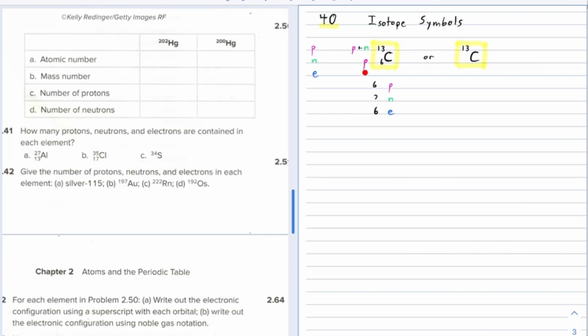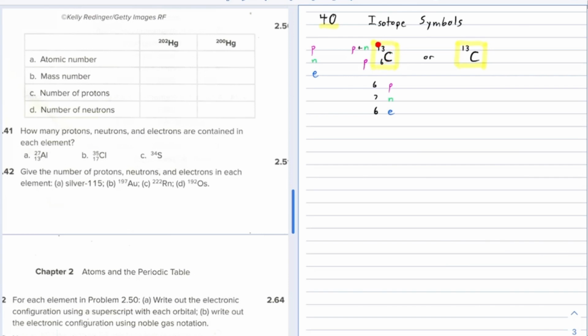Now the reason I said it's redundant is because anytime you have a carbon atom, it has 6 protons. So anytime you see the capital letter C, that is synonymous with 6 protons. That's what it means to be a carbon. The bottom number is the atomic number, and the atomic number of carbon is always 6. It never changes.